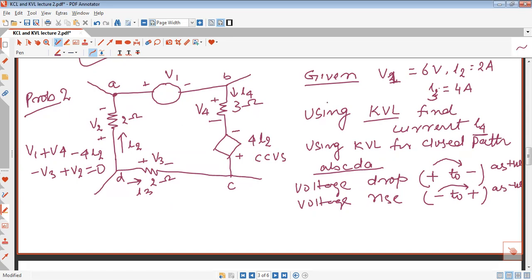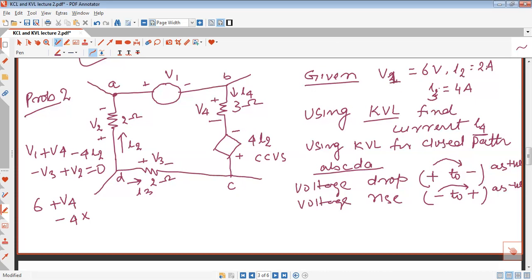Now from the given data, V1 is given as 6, so we write 6 plus V4. V4 is the voltage here. By Ohm's law, V4 is I4 multiplied by resistance. I4 is not given; we have to find I4, so write it as V4. Now coming here, minus 4 into I2.